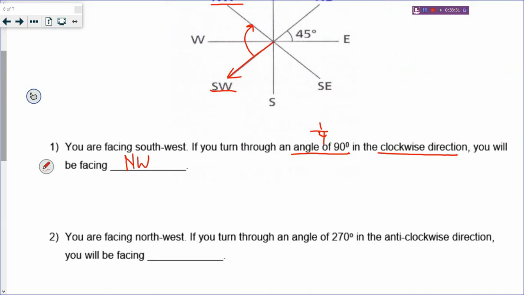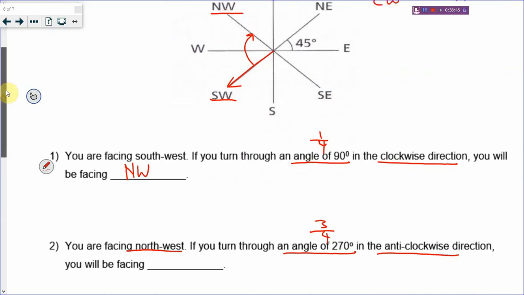Let's go to number 2. You are facing northwest. If you turn through an angle of 270 degrees, which is three right angles, a 3/4 turn, in the anti-clockwise direction, where will you be facing?